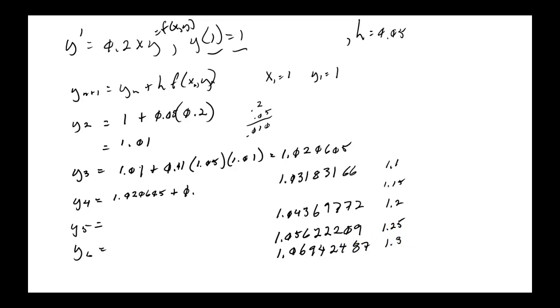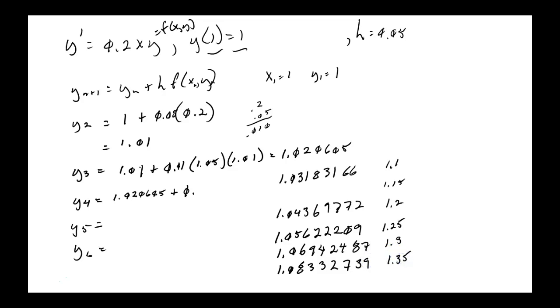So this number plus 0.01 times 1.3 times 1.06942487 equals 1.0833, which is 1.08332739.